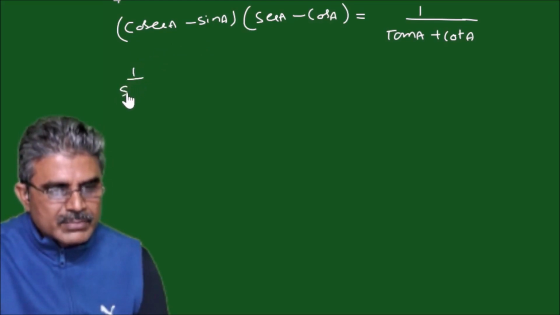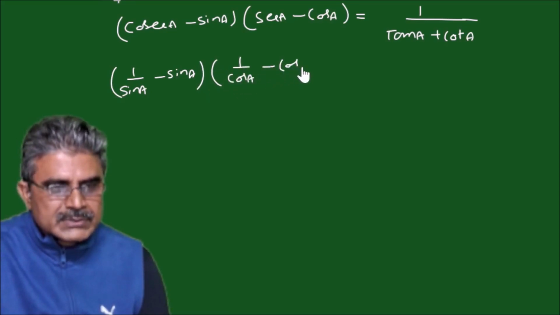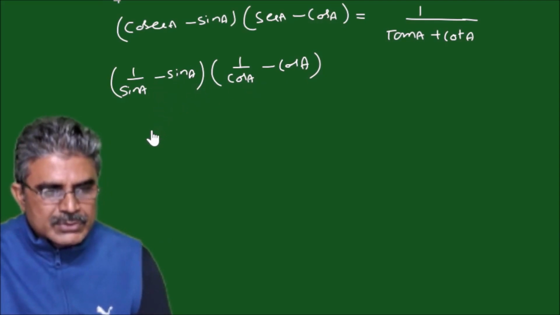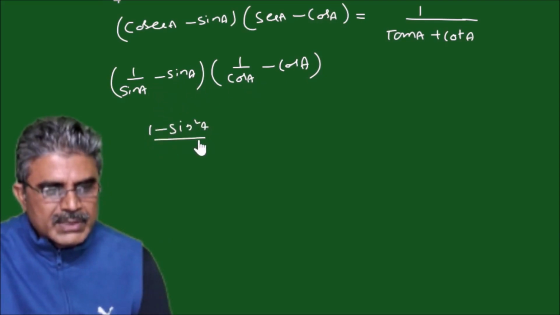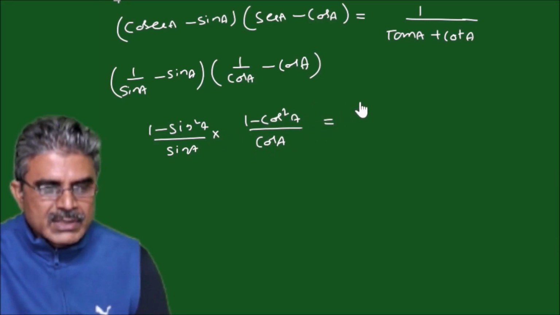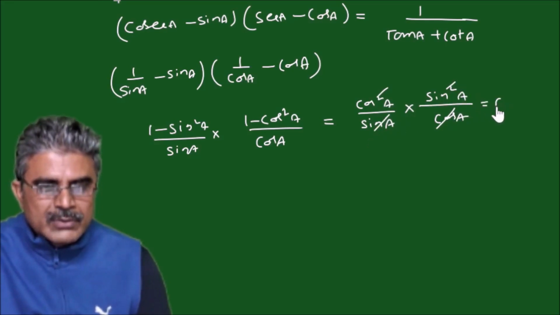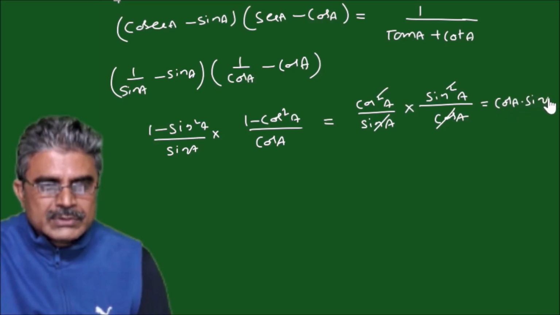So cosec A can be written as 1/sin A − sin A, into 1/cos A − cos A. Now by taking LCMs in these two terms, you will have (1 − sin²A)/sin A into (1 − cos²A)/cos A, which in turn, 1 − sin²A is cos²A by sin A, into 1 − cos²A, which can be written as sin²A by cos A. Cos A here and sin A here get cancelled, so you will have only cos A into sin A.